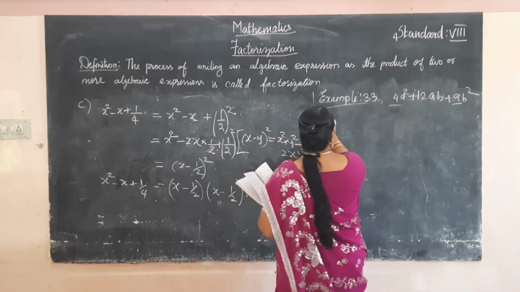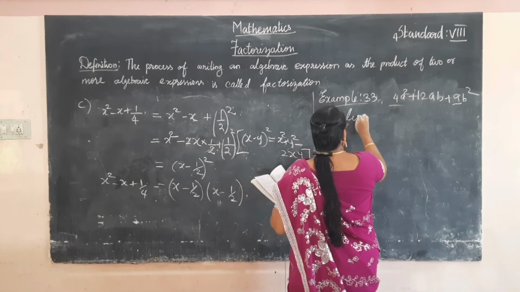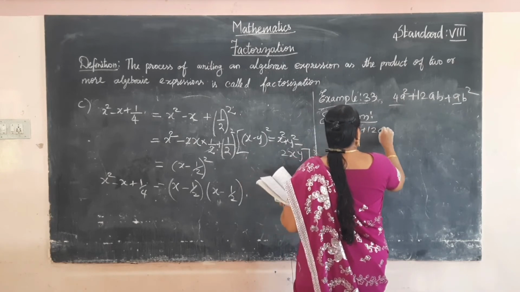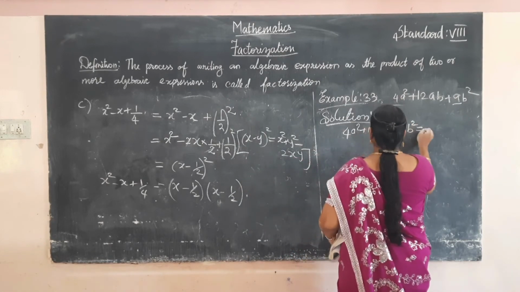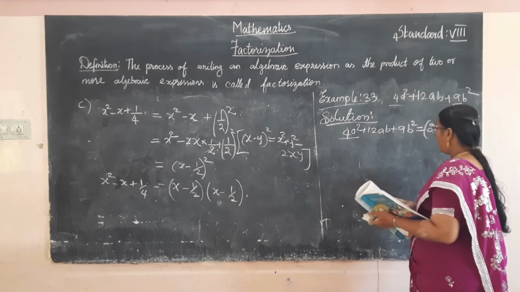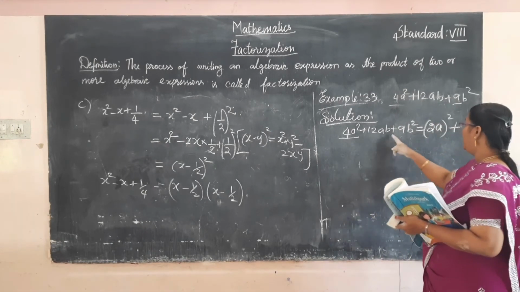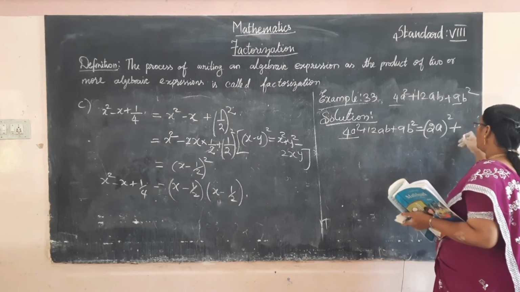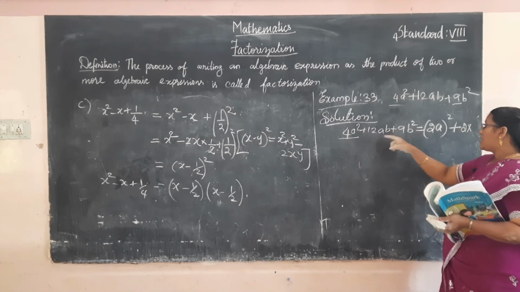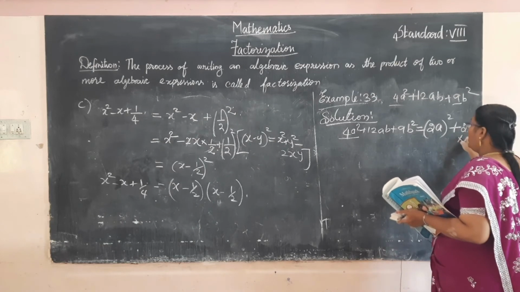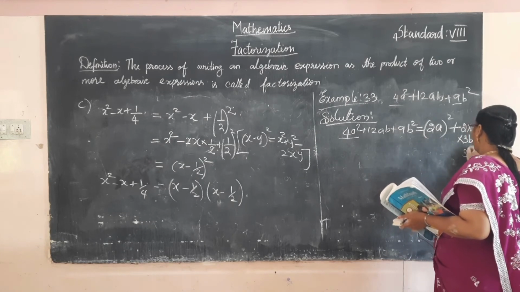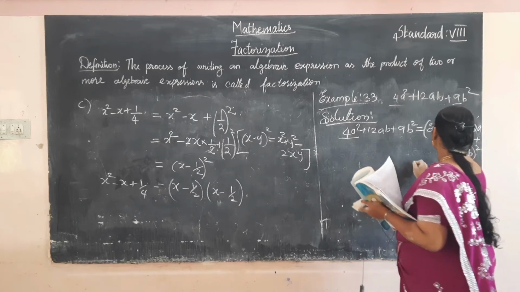First, 4a squared plus 12ab plus 9b squared can be written as 2a the whole square plus, 12ab can be written as, the first term x value is 2a, and the formula has 2 into x value, so the x value here is 2a and the y value is 3b, plus 3b the whole square.